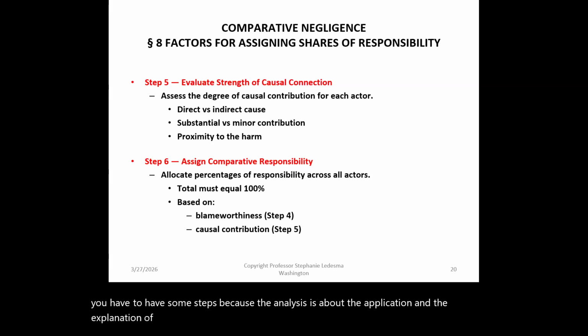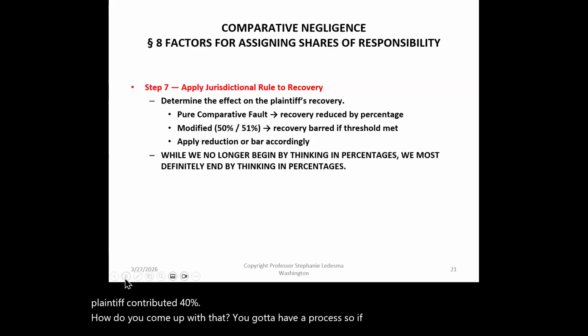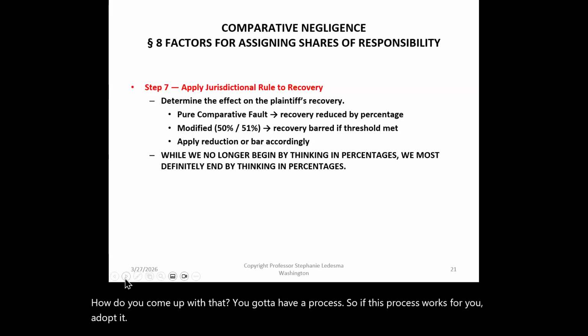You can't just get to the answer, yes, plaintiff contributed and plaintiff contributed 40%. How do you come up with that? You got to have a process. So if this process works for you, adopt it. If this process works for you with some modifications, modify it. If this process doesn't work for you, great.